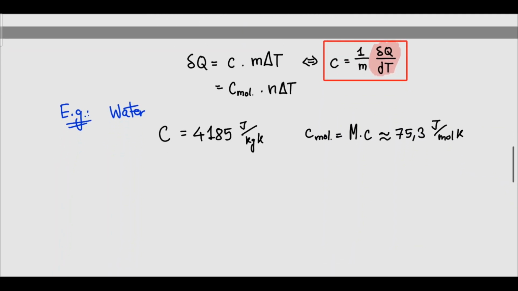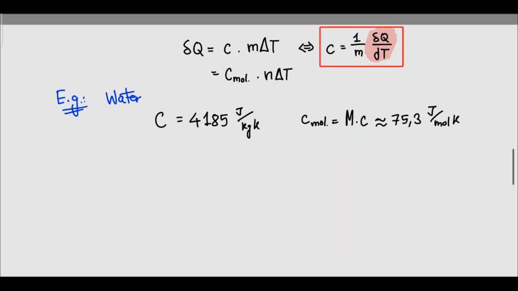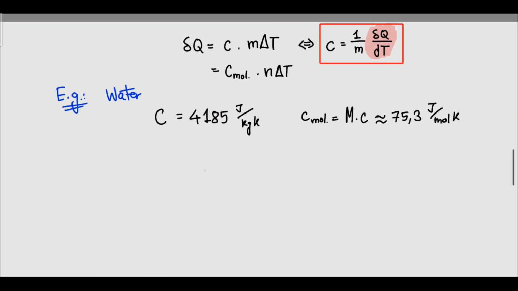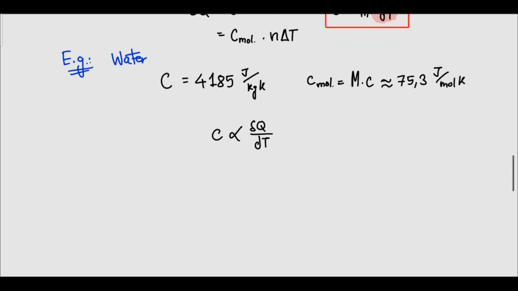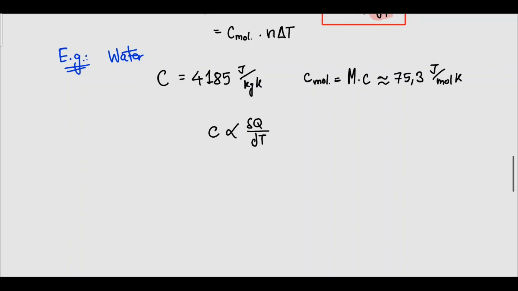Right. And for gases, obviously for any kind of ideal gas, it can again be defined as proportional to the change of heat divided by the change of temperature. Right. How are they officially defined?